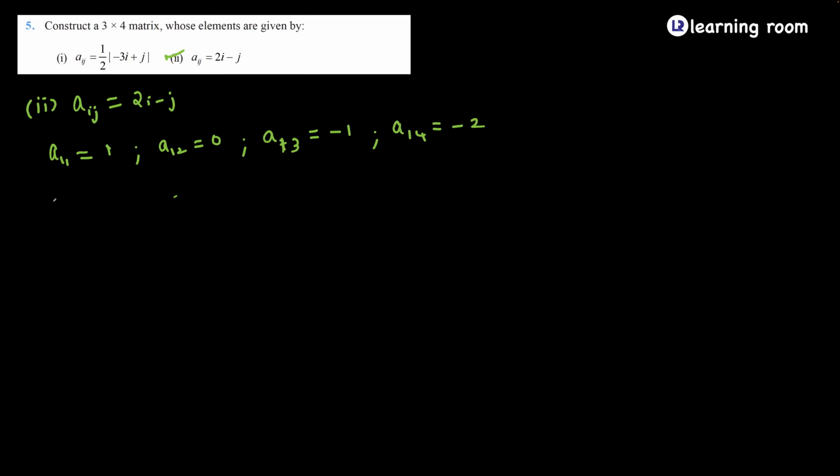Correct? Okay. So next is going to be A21. So A21 is 3. What is A22? A22 is going to be 4 minus 2, which is going to be 2. So A23 is going to be 4 minus 3, which is 1. What is A24?